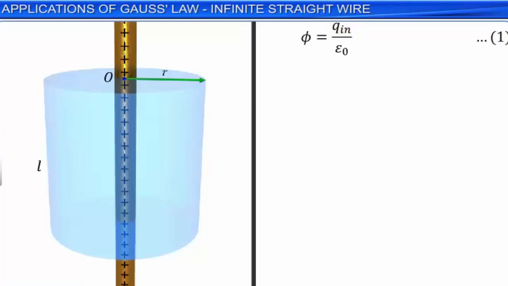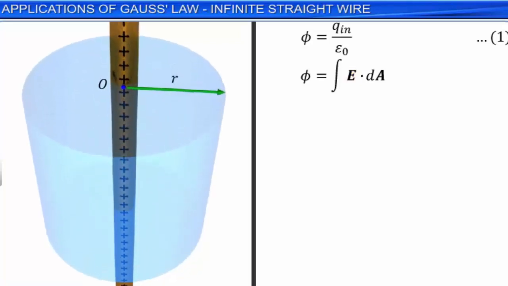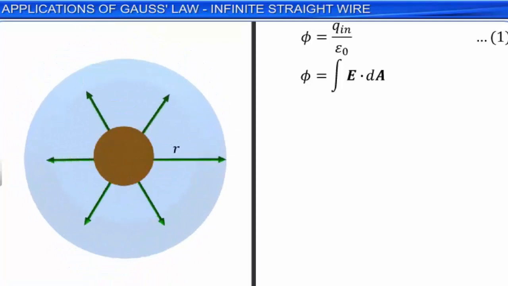We know that phi is equal to integral E dot dA, where E is the electric field strength. At all points on the Gaussian cylinder, the electric field strength E is perpendicular to the curved surface of the cylinder, since the electric field due to the charged wire points away from the positively charged wire as discussed earlier.